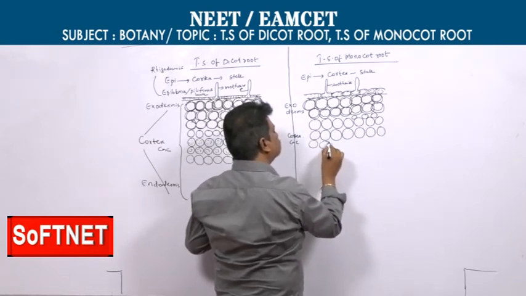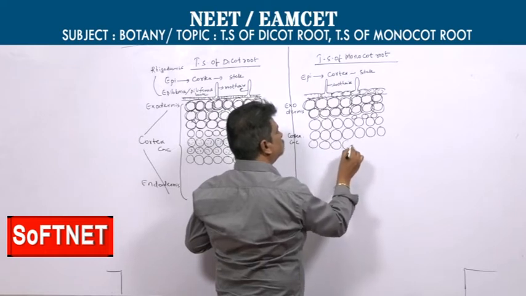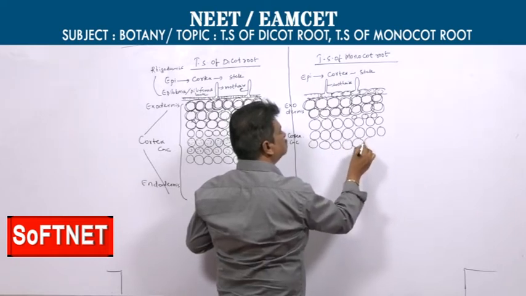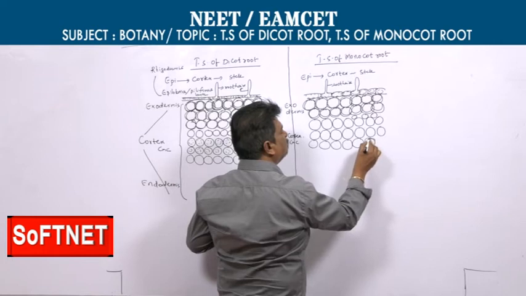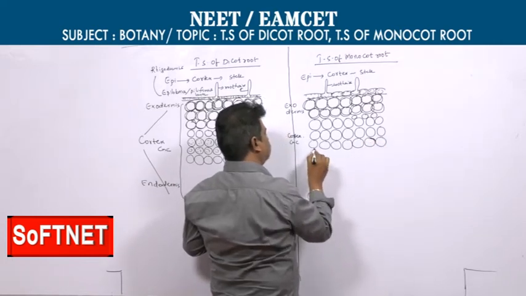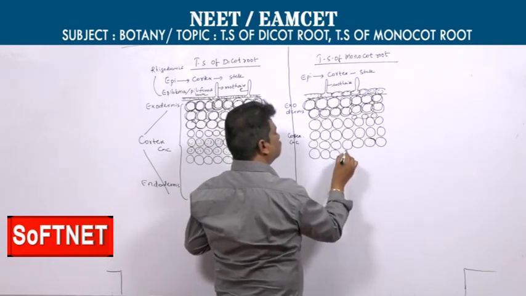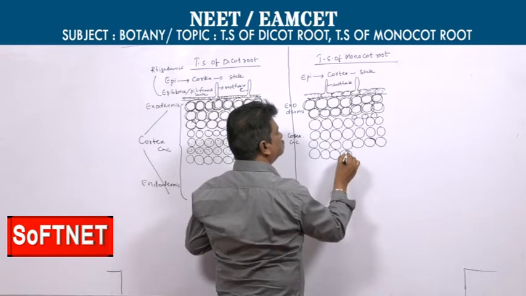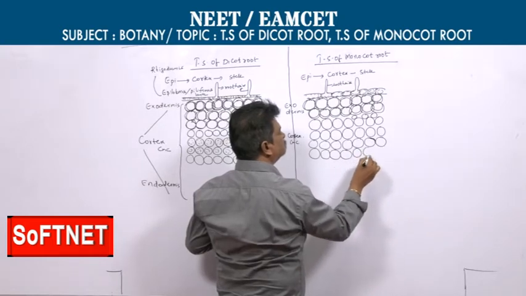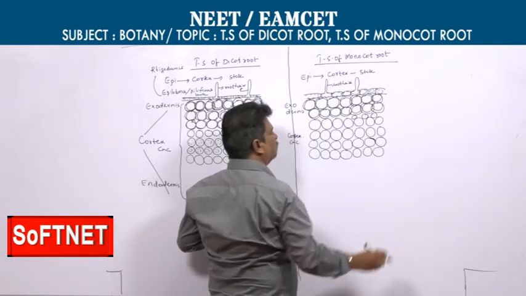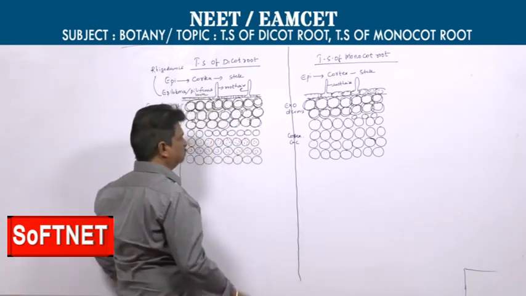Here also cells are parenchymatous, so oval or spherical in outline, intercellular spaces present, they contain leucoplast, help in storage.